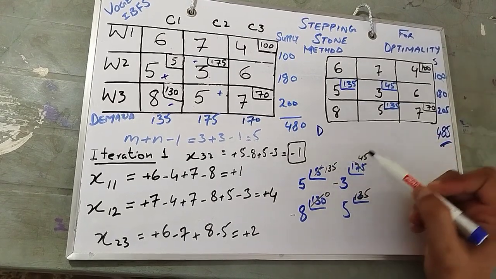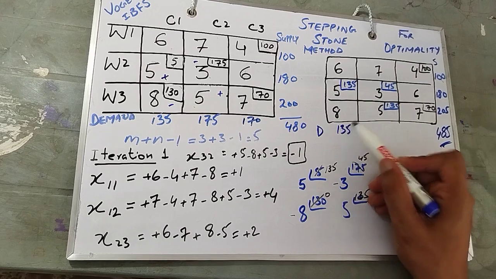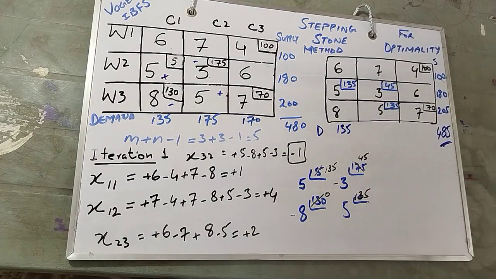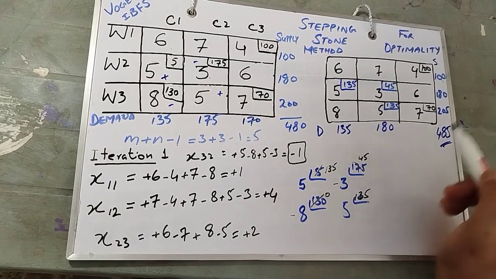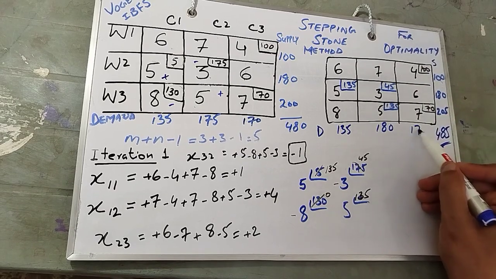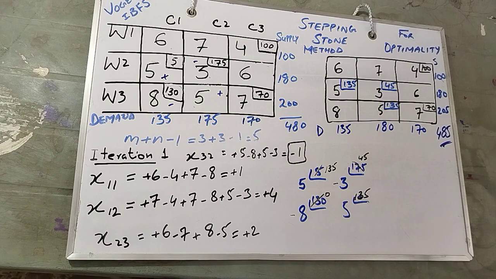Now we will be working on the demand. 135, 45 plus 135 is 180. 70 plus 100, 170. So if we add up 135 plus 180 plus 170, it would be 485. So you see, our demand and supply are the same.